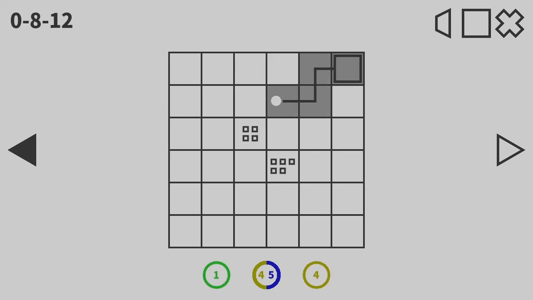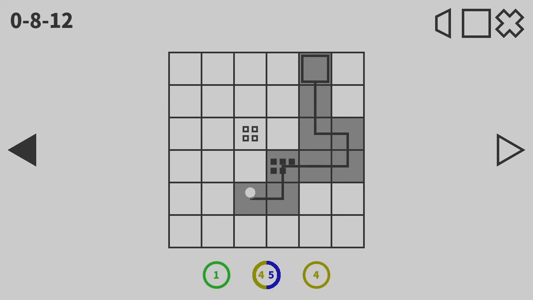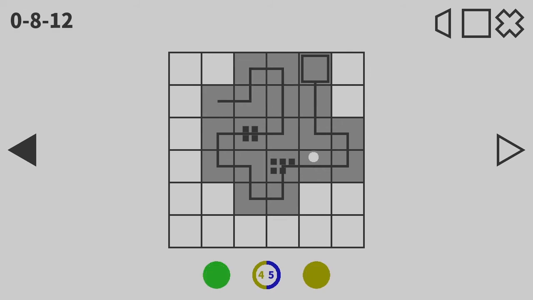Let's say no, plus this. That one's inverted.